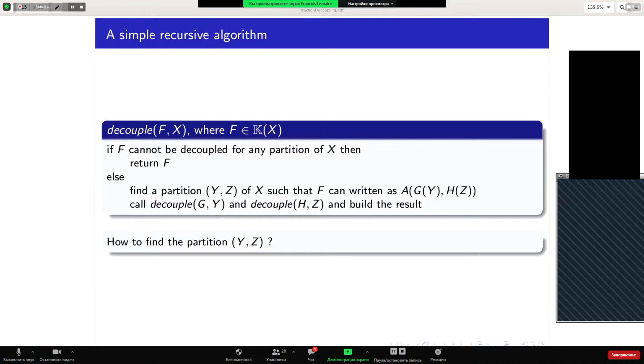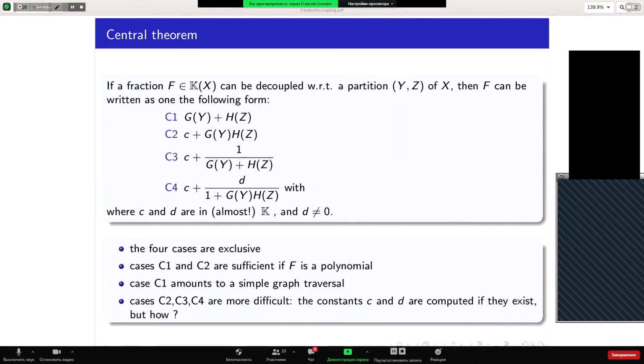So the main problem is to find the partition y, z. It's based on a central property, which is that if a fraction can be decoupled, then it has one of the four following forms.